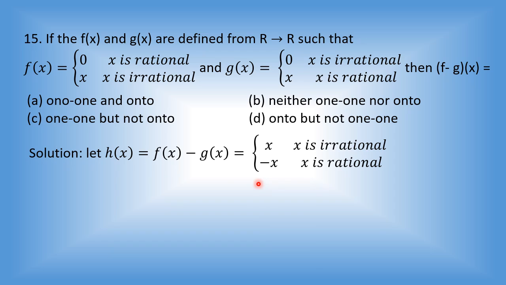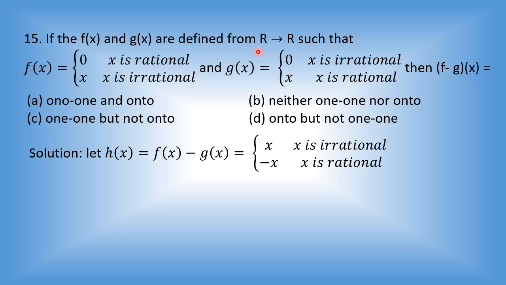So we know the definition: if the codomain set is the range set, then the function is onto. So in the codomain set, we get all the rational numbers as well as irrational numbers. For every rational number, there is a negative rational pre-image. For every irrational number, there is a positive irrational pre-image. So every element of this codomain set R has a pre-image in the set of real numbers.